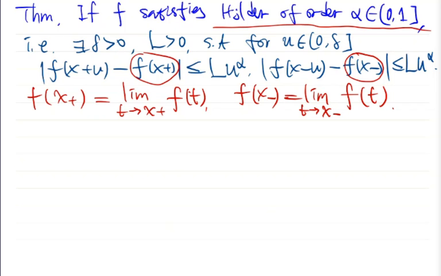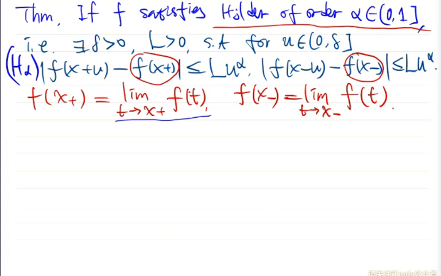Of course, in this case, we require that the function f has one-side limits at x. The left limit and the right limit both exist. If f has one-side limits at point x and satisfies the Holder condition of order alpha, we denote this condition by H alpha.